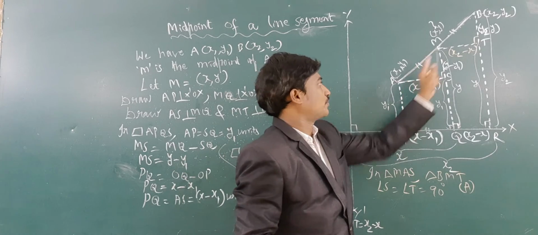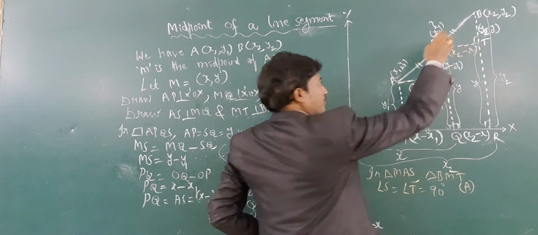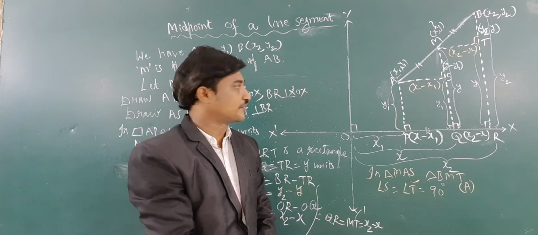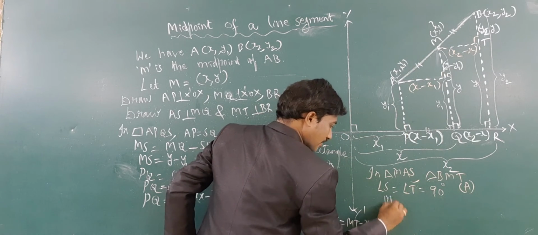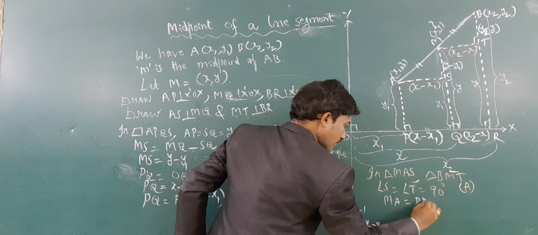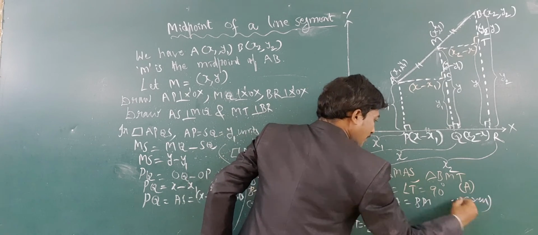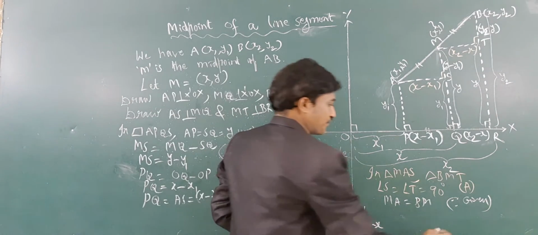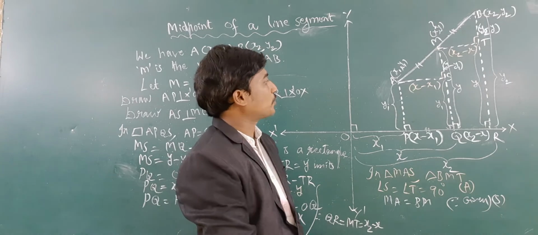Why? Because M is the midpoint of line segment joining AB. So MA is equal to BM. Since it is given M is the midpoint, that means one side is equal. One more.